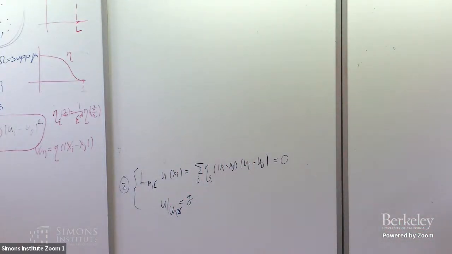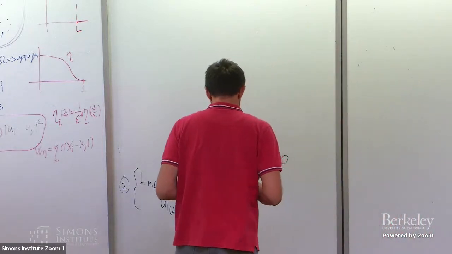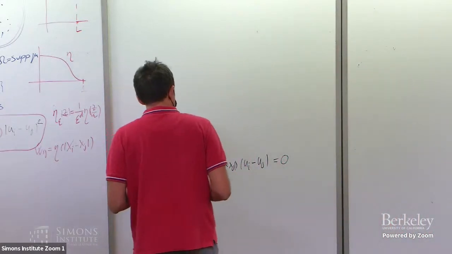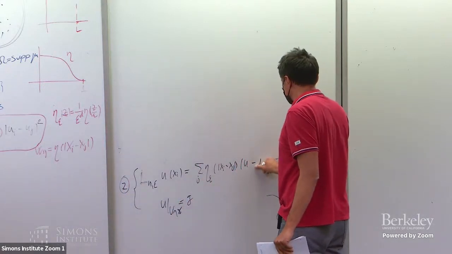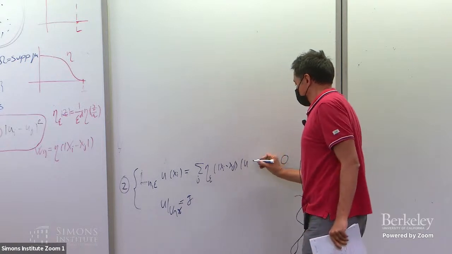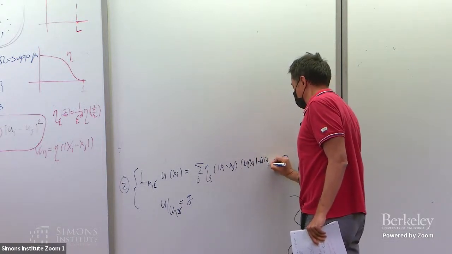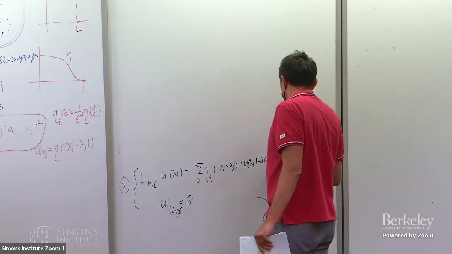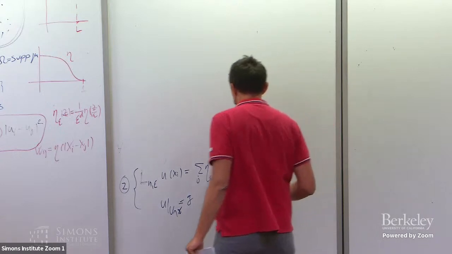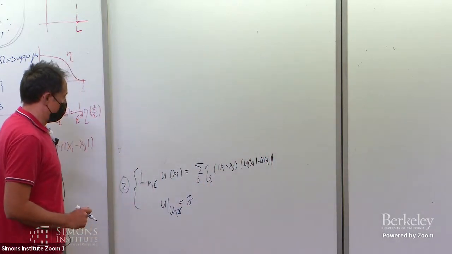Right, well, instead of writing it like this, let me go back to writing it as u of xi minus u of xj. And here I just use this as a definition for the Laplacian, right?